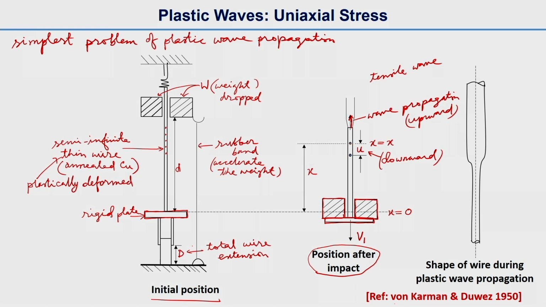This point is displaced by a distance u, and at the current position it is at this location. So we are considering a particle at x at a time t.